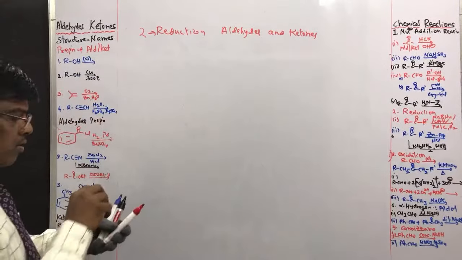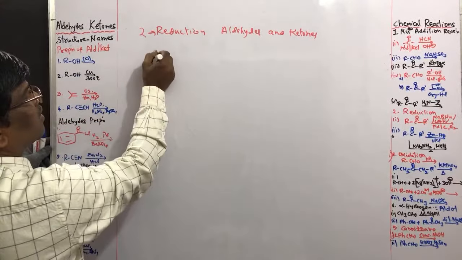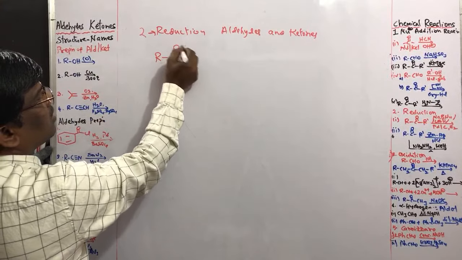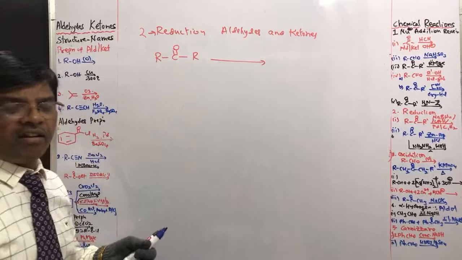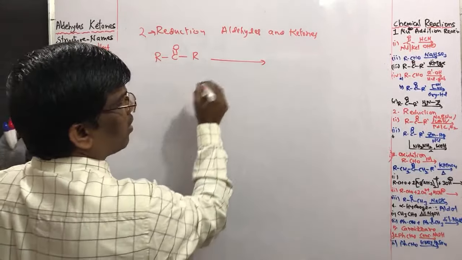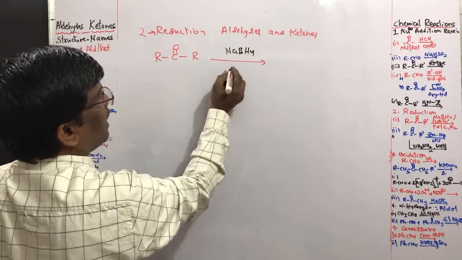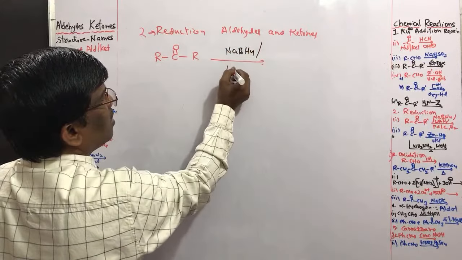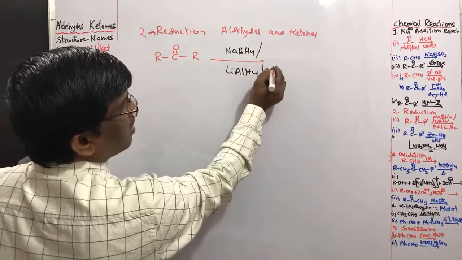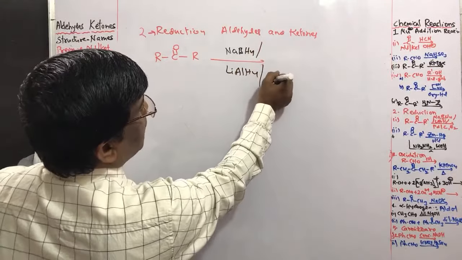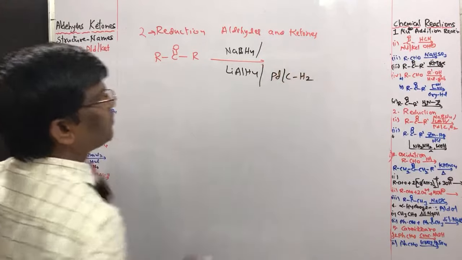So the simple reducing agents, whether it is an aldehyde or a ketone, students. The reagents, please write down. The reagents we usually come across are sodium borohydride, lithium aluminum hydride, or palladium on carbon hydrogenation.